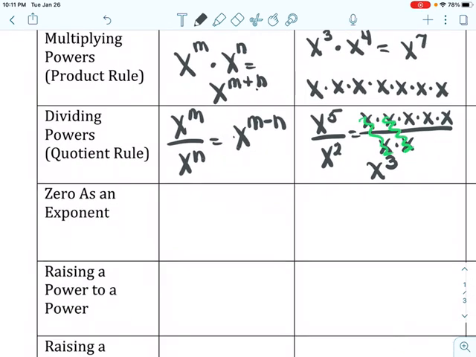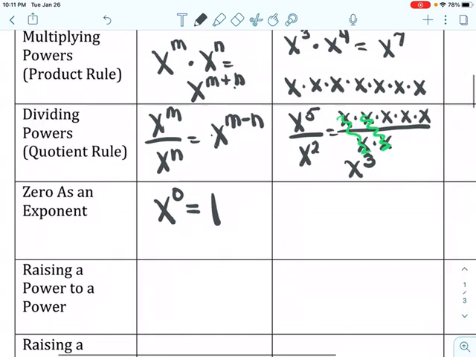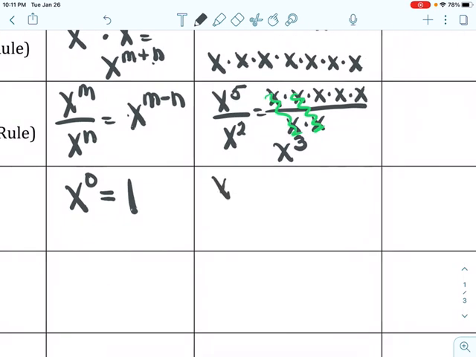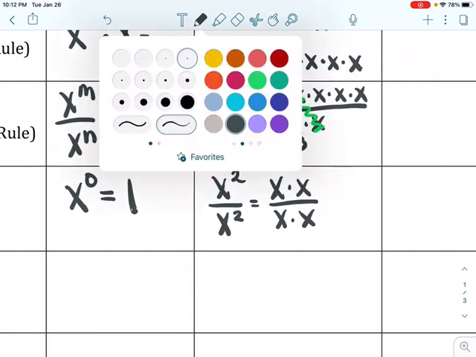Okay, 0 as an exponent. So anything to the 0 power is 1. Again, why does that make sense? Well, if I have, again, x squared over x squared, now we know anything divided by itself is 1. So I have 2 x's over 2 x's, and they cancel each other out.